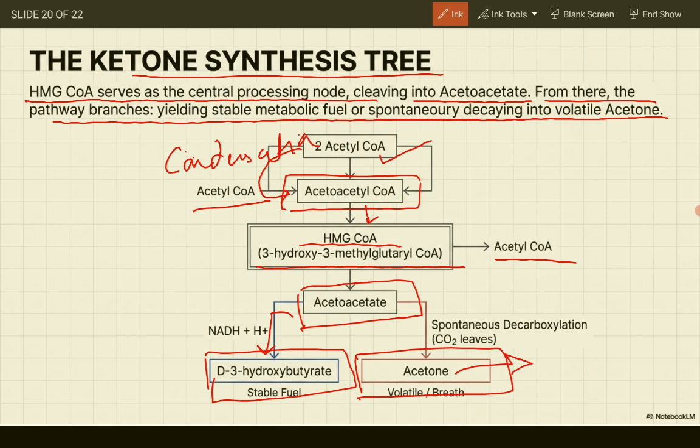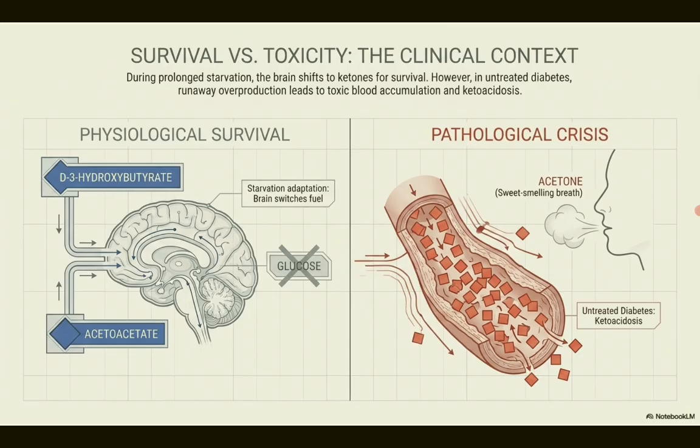This acetone can be smelled. This is a specific smell that you can actually smell in patients with diabetes, the acetone smell. Right, so this is the ketone pathway in diabetic patients.